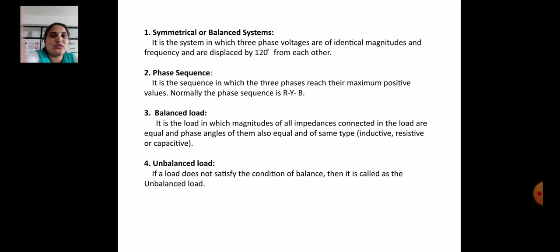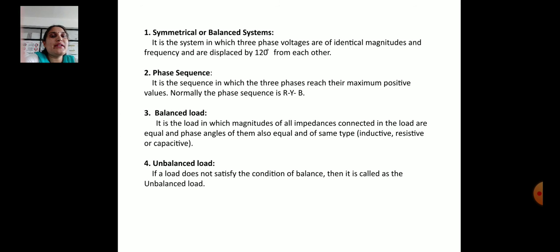Next is the balanced load. It is a load in which the magnitudes of all impedances connected in the load are equal, the phase angles are also equal, and they are of the same type. Same type means they are inductive, resistive or capacitive.